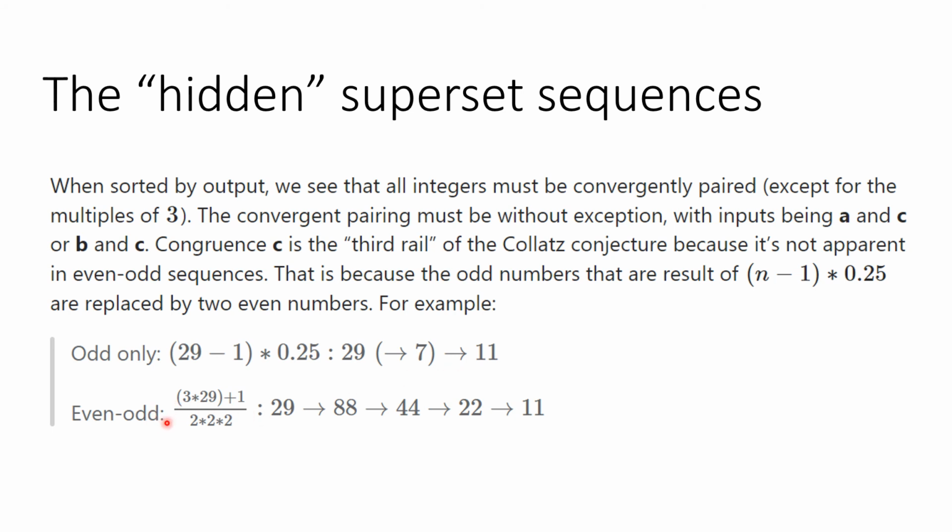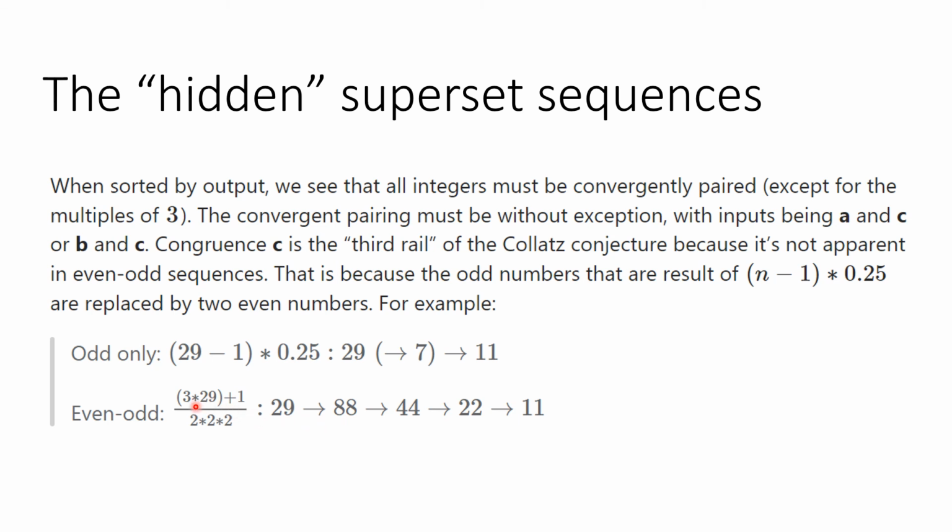So this is the conventional function in its rather convoluted fashion. It multiplies 29 by 3 and adds 1, and then divides it 3 times in this case. And you see there is no 7 to be seen anywhere. And what you see at the end is 11.